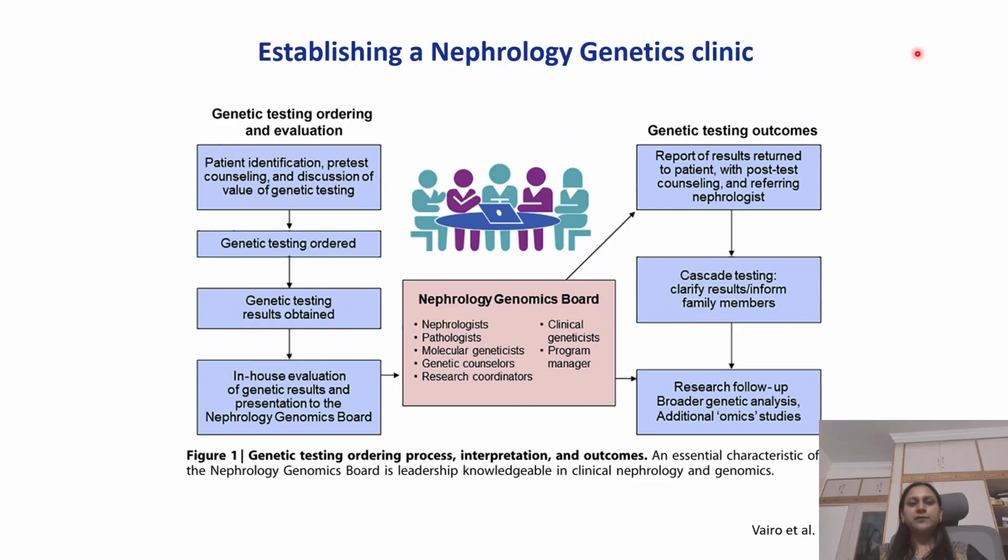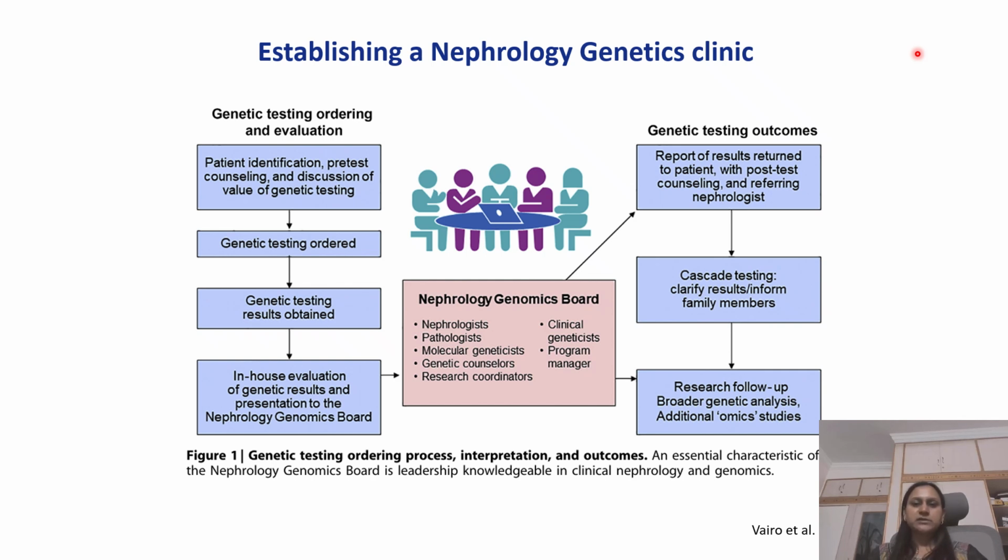How to actually deliver genetic testing well? This workflow runs from patient identification, identifying which patients you want to test, performing pre-test counseling and discussion of the value of genetic testing. Following that, the genetic test is ordered; you should know which test to order. Then once the results are obtained, in-house evaluation of genetics in the nephrology genomics board is important, which involves nephrologists, pathologists, molecular geneticists, genetic counselors, research coordinators, clinical geneticists and a program manager.